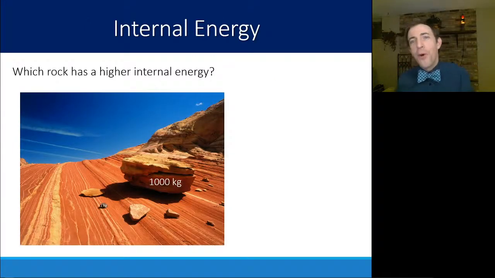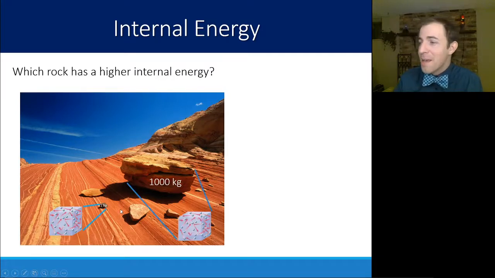So if we look at total internal energy, here we've got a large rock and a small rock. We said that they both had the same average kinetic energy, but their total energy now depends on how many molecules there are. If they're both moving, these molecules are moving at the same relative speed, but one object has a lot more molecules, its total is going to be a lot bigger because you're adding that energy more times.